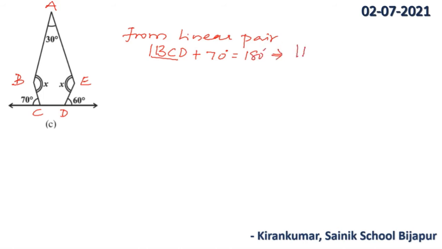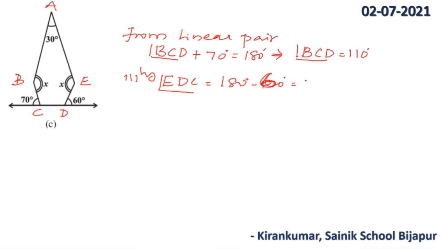This implies angle BCD will be equal to 110 degrees. Similarly, angle EDC will be equal to 180 degrees minus 60 degrees. This will be 120 degrees.